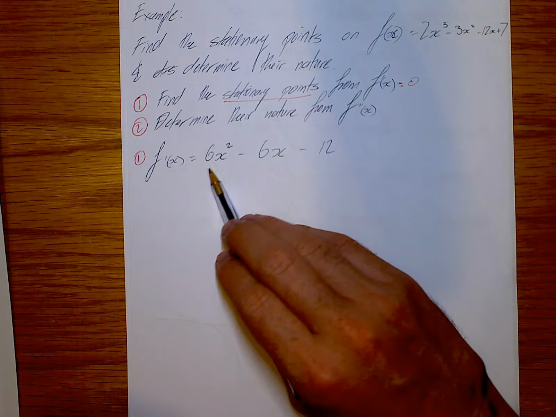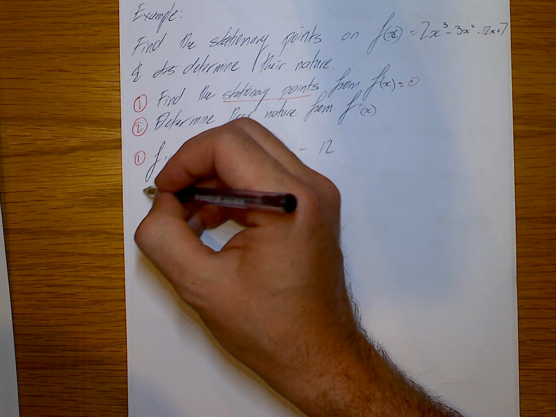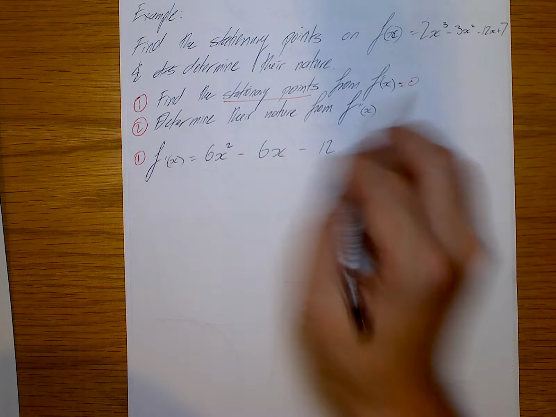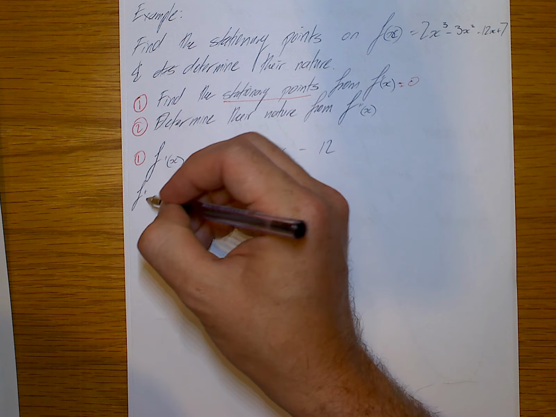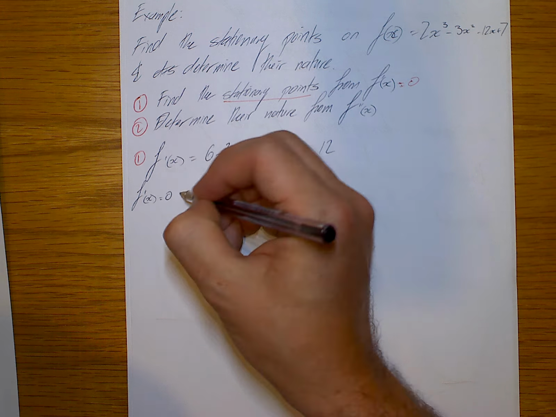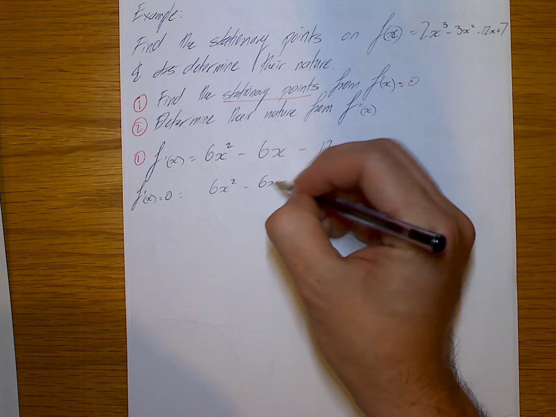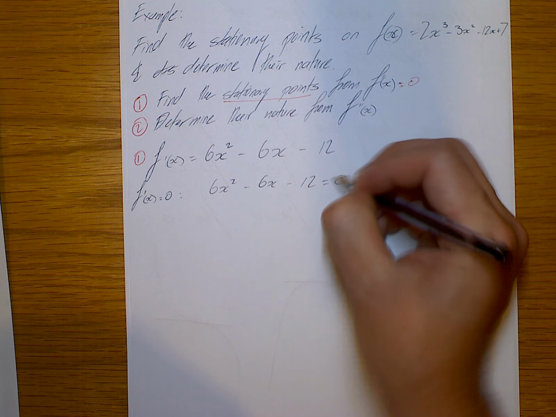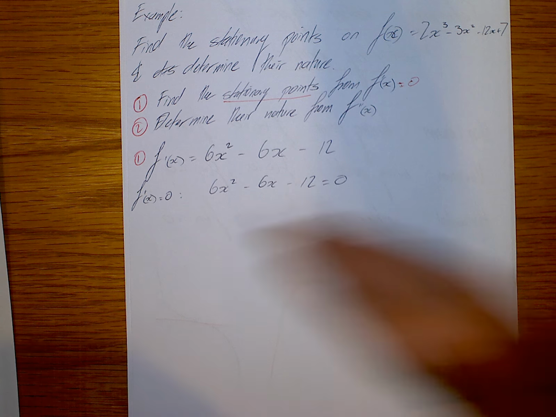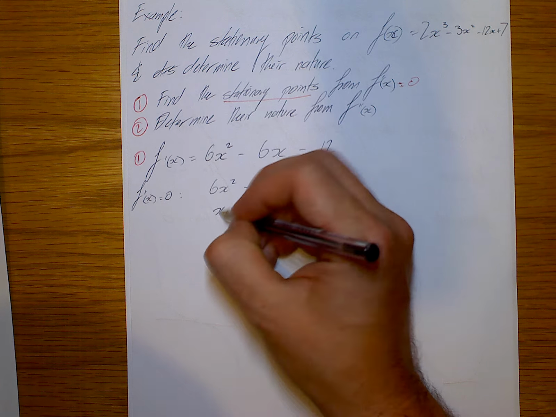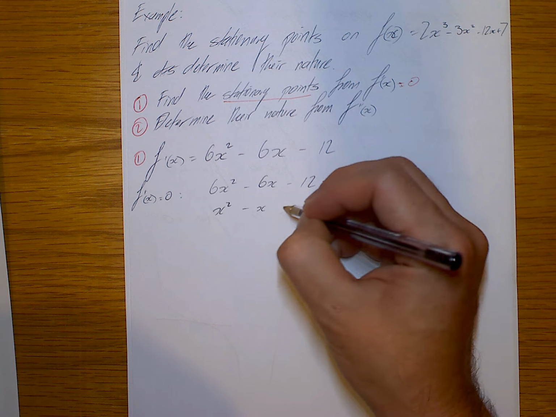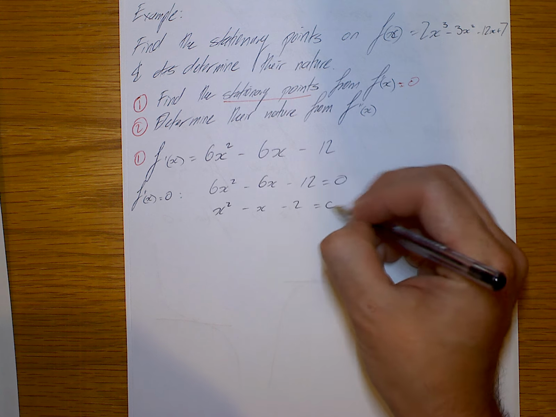Now we know to find our stationary points, this must equal 0. So let's write that in. Therefore, 6x squared minus 6x minus 12 equal to 0. I'm just going to divide everything by 6. So it's going to be x squared minus x minus 2 equals 0.